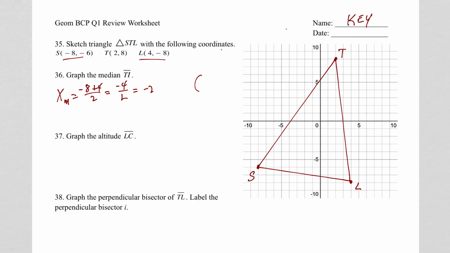So the X value is negative 2, and the Y value of the midpoint is the Y values, negative 6 plus negative 8 over 2. So negative 2, negative 7, let's see, is right there. And that's that point right there. So I'm going from this point to that point.